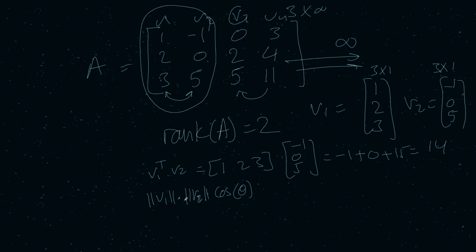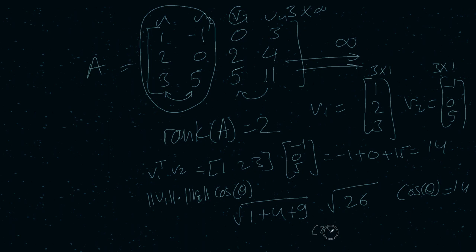Okay, so now we can compute the angle. So we have the magnitude of v1. The magnitude of v1 is square root of 1 plus 4 plus 3 squared, which is 9. So it is square root of 14 times square root of the second value, which is 1 plus 25, which is 26, times cosine theta. This equals 14.